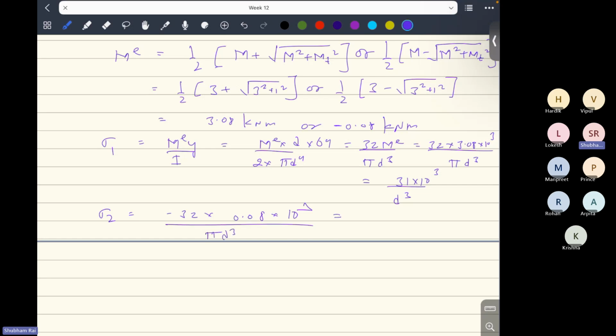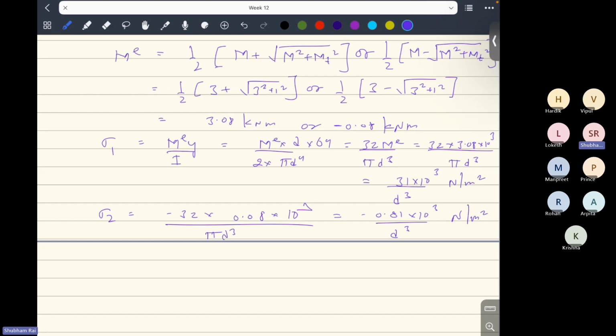So finally, let me see what we will get here. So approximately you will get minus 0.81 into 10 to the power 3 divided by d cube, and the unit is obviously Newton per meter square here also. Okay, so these are the maximum and minimum principal stresses that you are getting.